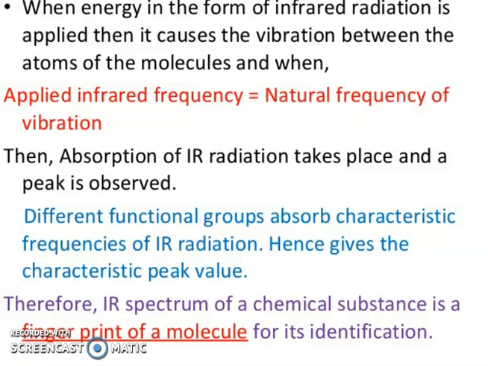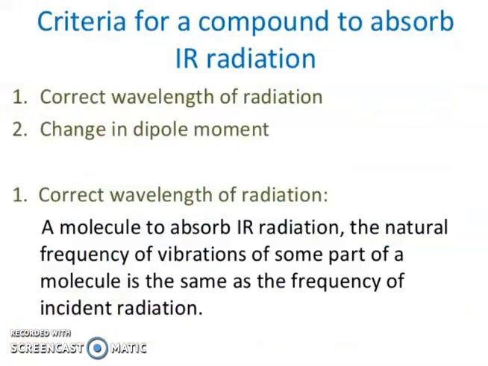Different functional groups absorb characteristic frequencies of IR radiation and give characteristic peak values. Therefore, the IR spectrum of a chemical substance is a fingerprint of a molecule. Fingerprint of a molecule, a very important sentence, for its identification.